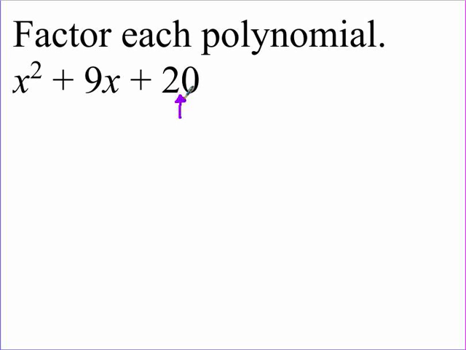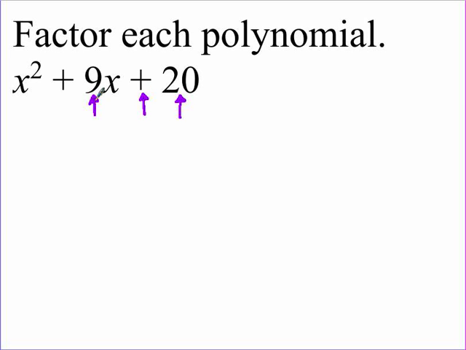Okay? And so in this case, I am looking for 2 factors of 20. Now remember what a factor is. It means 2 numbers that multiply to 20. Okay? So 2 factors of 20 that add to 9.